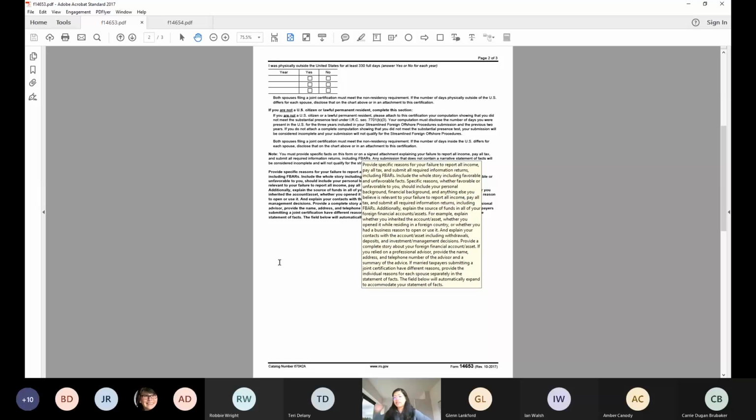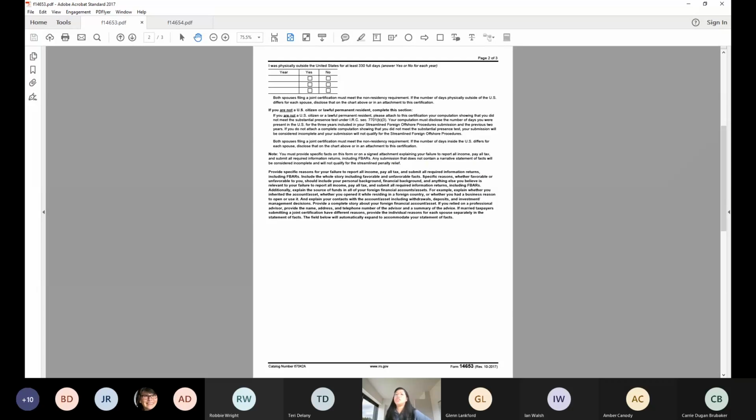In the case of that lady we helped, we had to explain that she moved to a foreign country and she really did not know. I don't think she worked when she was there except for maybe some part-time work, Glenn. So we had to explain that to the IRS and submitted this form together with all the other filings that I mentioned a while ago.